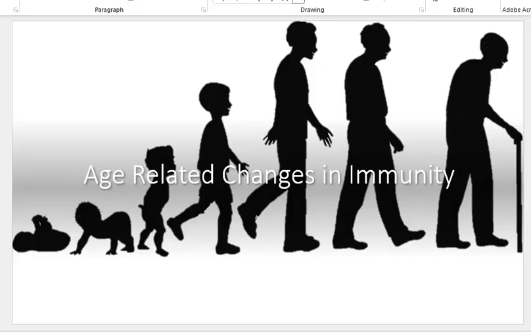There's a decreased number and function of neutrophils and macrophages. The older population may not have a fever, even with severe infection. Less recognition of pathogens increases the risk of sepsis. An increase in white blood cell counts may be delayed or even absent.